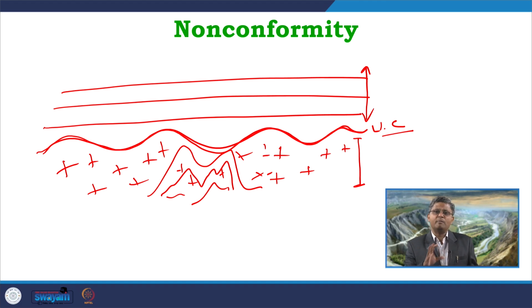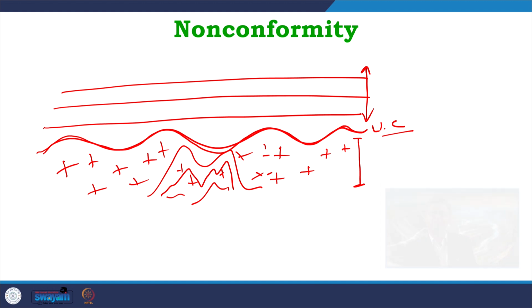Apart from these four major types of unconformity, we can also get another type of hiatus surface, a relatively less prominent unconformity surface. This kind of surface is called a diastem. So, what is a diastem?